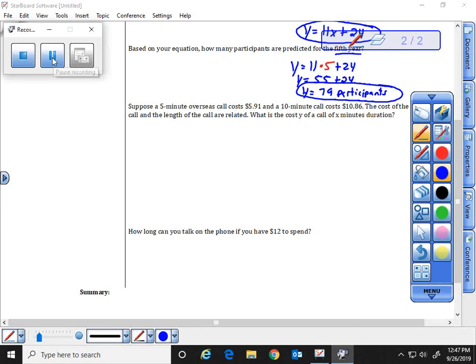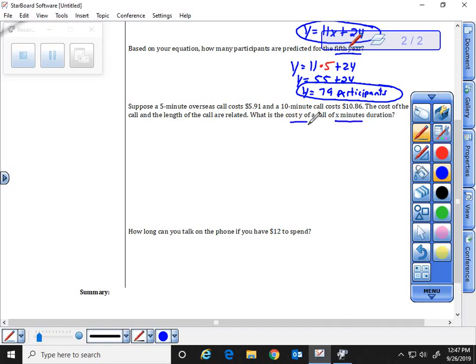Alright, this one, last one here. Suppose a 5-minute overseas call costs $5.91, and a 10-minute call costs $10.86. The cost of the call and the length of the call are related. So what is the cost y of the call in x minutes?